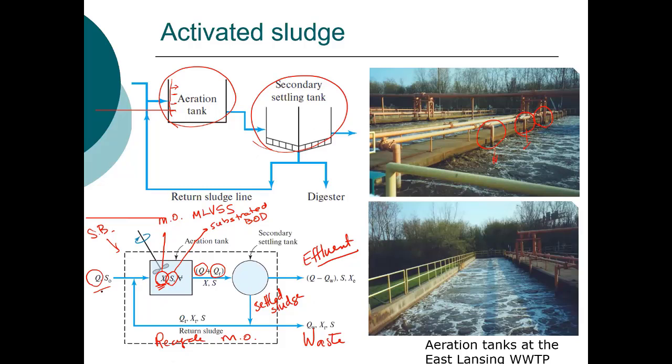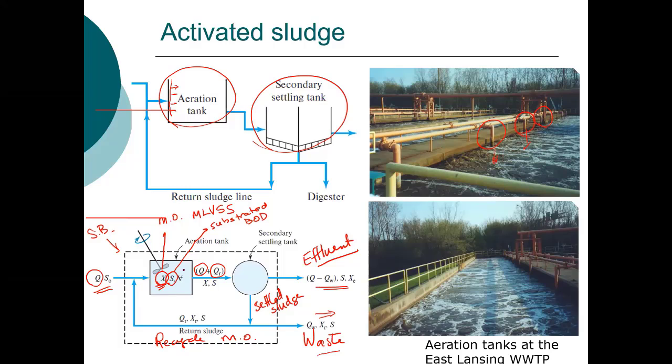We have a flow in, we have a flow out from our effluent, and we have a flow from the waste activated sludge. Notice everything else is within the system boundary. So our mass balance will not include this internal loop here. It only includes the waste.